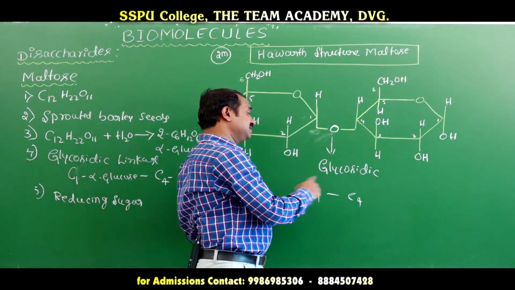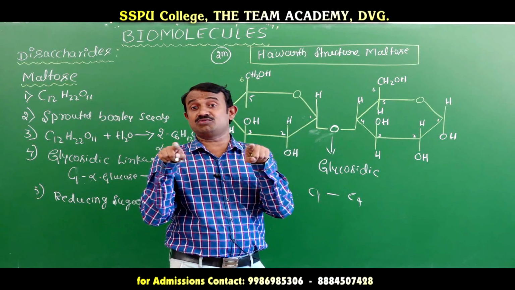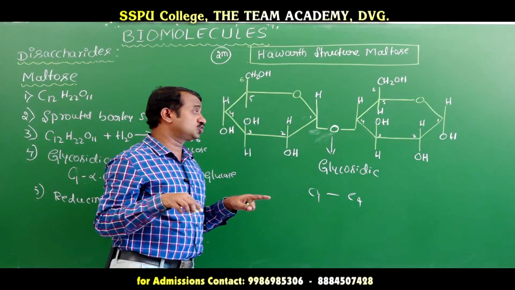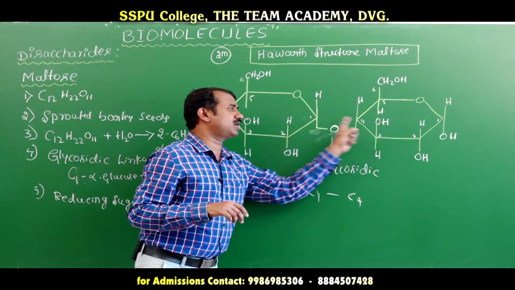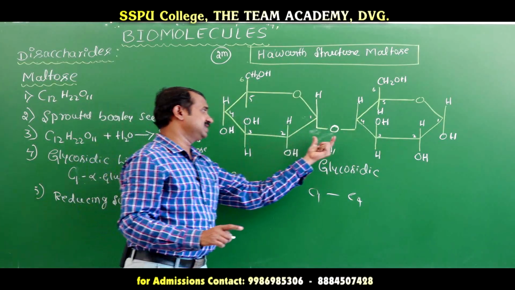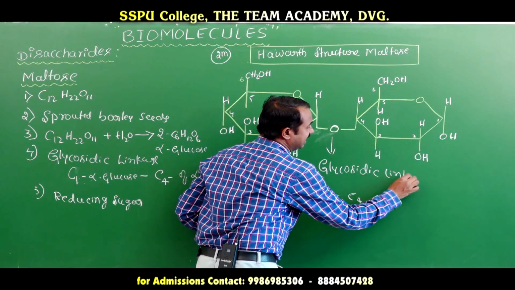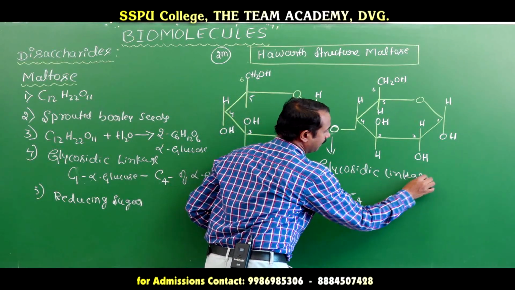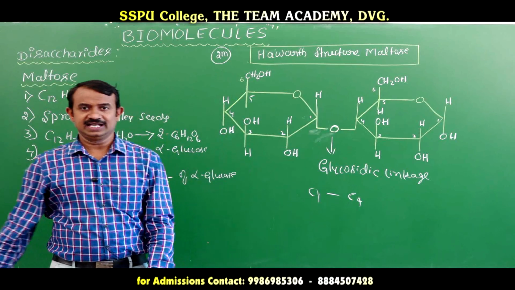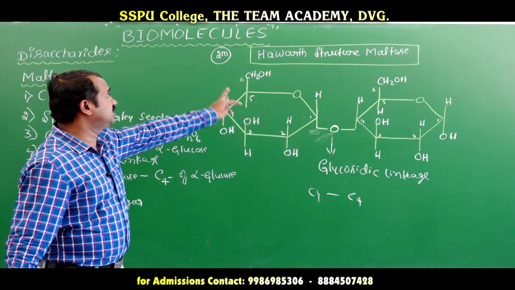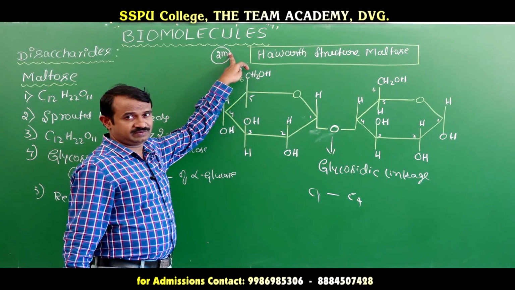The link between the C1 and C4 carbon of alpha glucose joins two monosaccharides. This is a disaccharide with a glycosidic linkage. This is the straight structure of maltose, and they will ask a 2 marks question.